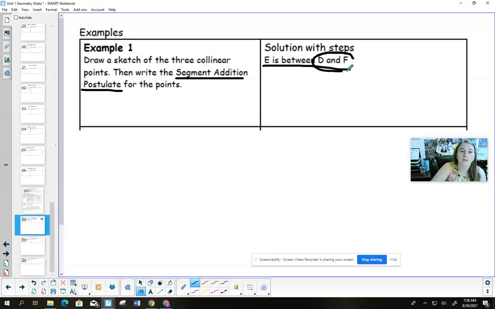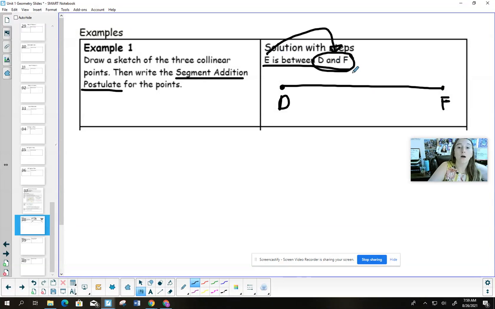What you want to do is put your endpoints first. If E is between D and F, that means D and F are the endpoints and E is in between them. So I'm going to put D and F, connect them to create a line segment, and put E between them.